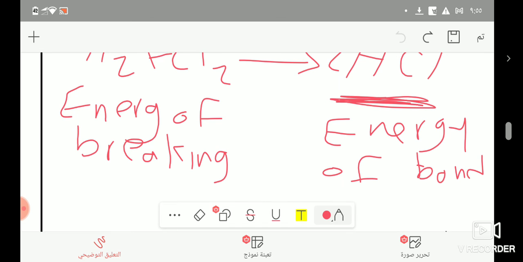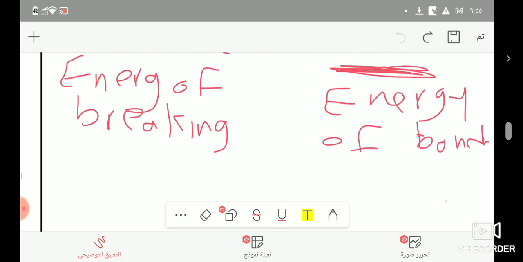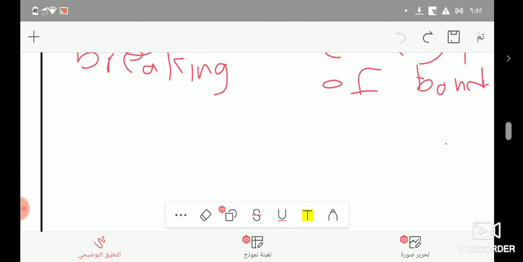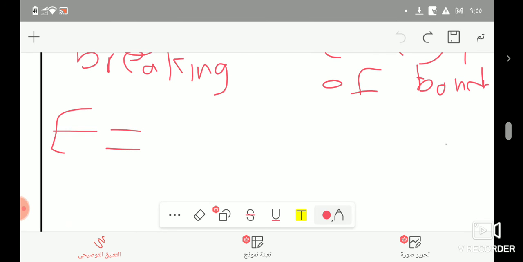So the total energy change can be calculated from a law: energy change equals energy of breaking bonds minus energy of formation of new bonds.